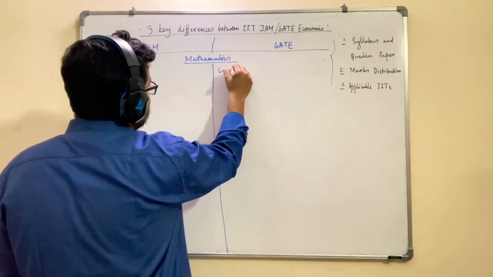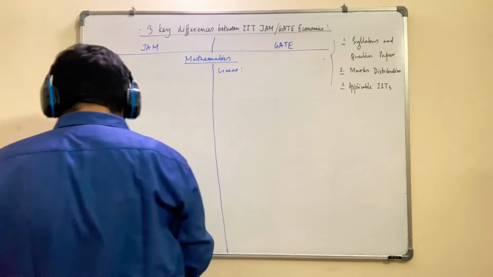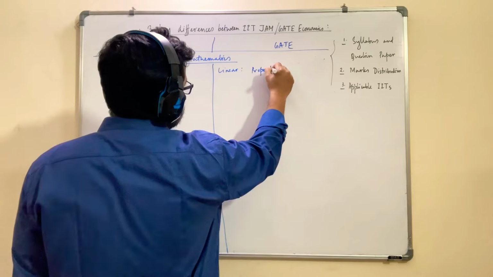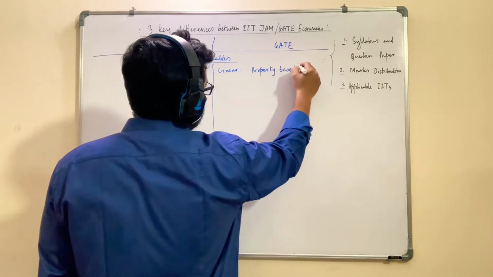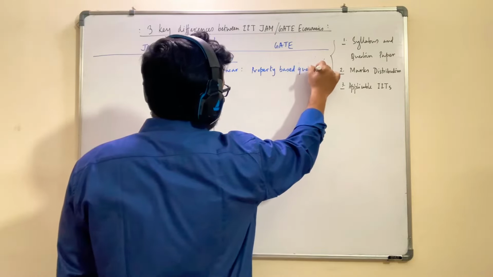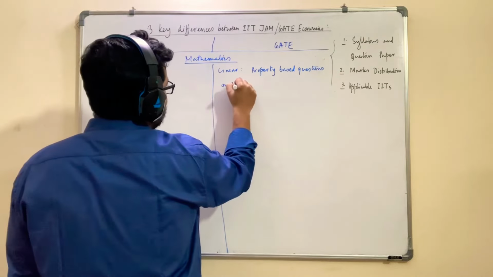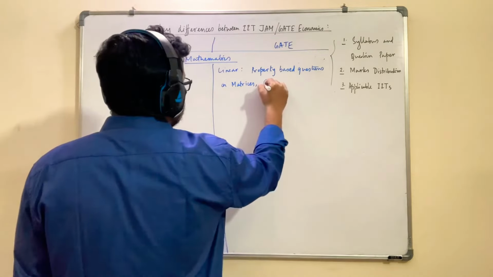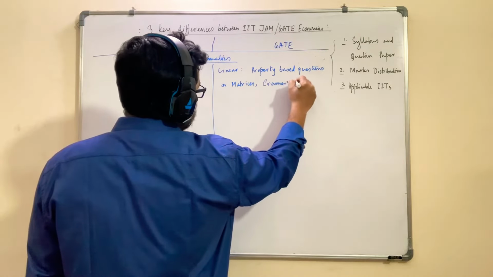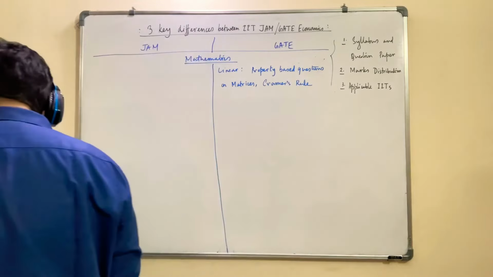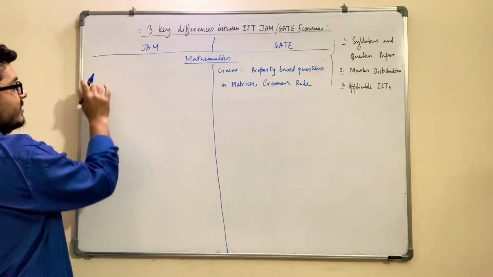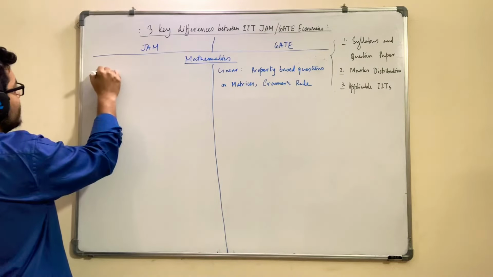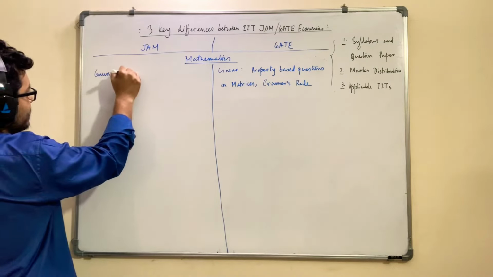So if we talk about linear algebra, in GATE you have basically property based questions on matrices. And then you have Cramer's rule explicitly mentioned. But here in JAM you have almost the complete linear algebra syllabus, like Gauss-Jordan elimination you have, right?